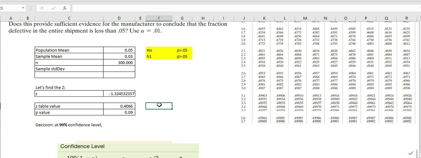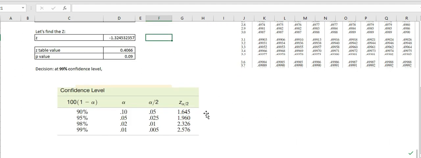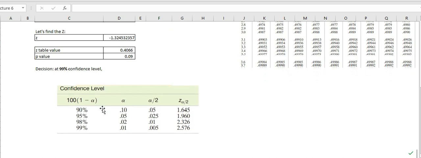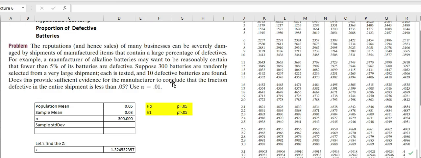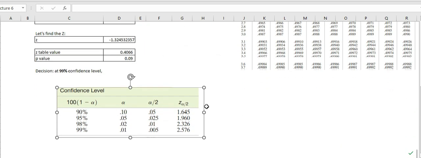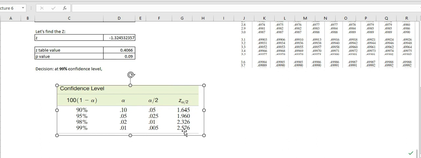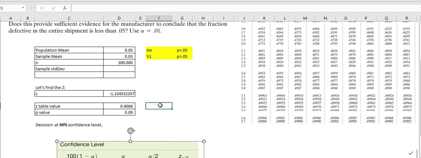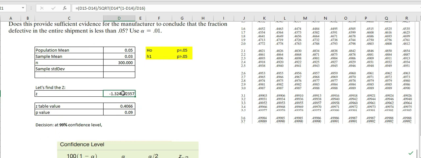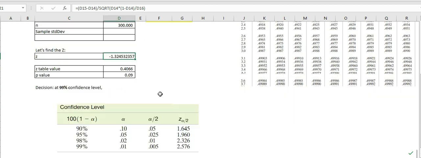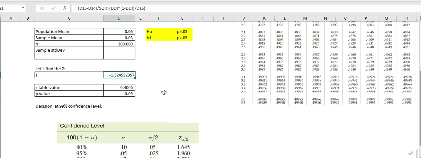So the decision: if you look at the z-value of 1.32, remember our confidence level. The book says to use an alpha of 0.01, which corresponds to a critical value of 2.5. Since 1.32 is within the acceptance range, we will accept the null hypothesis.